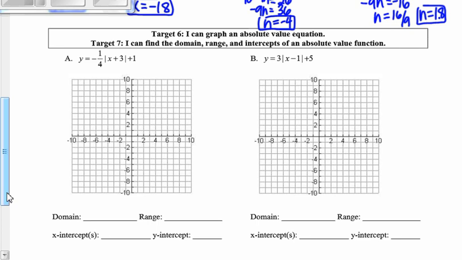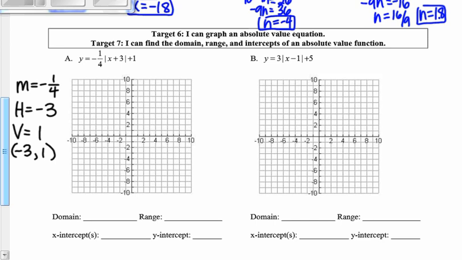So starting with A, M is that value out in front. It's negative 1/4. H is going to be the opposite of what's in the absolute value brackets, so negative 3. And V is going to be what's at the end. So the vertex is at negative 3, 1.